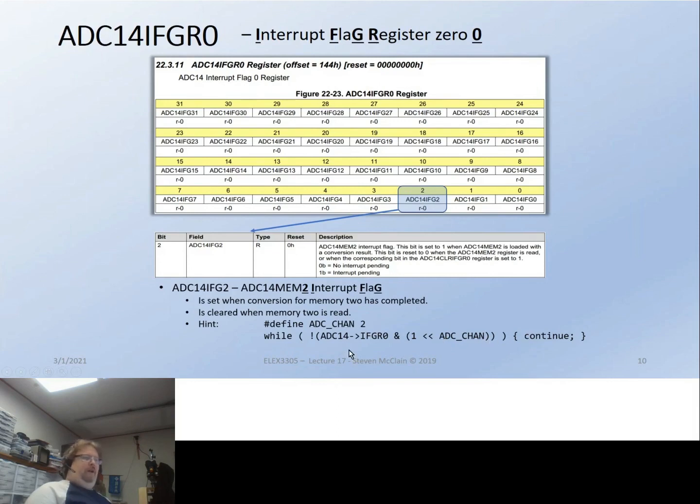And then while that's 0, like a 0 is false, so while I do this ANDing and it ends up being a 0, that means that bit is still 0. So while that's true, just sit there and wait.